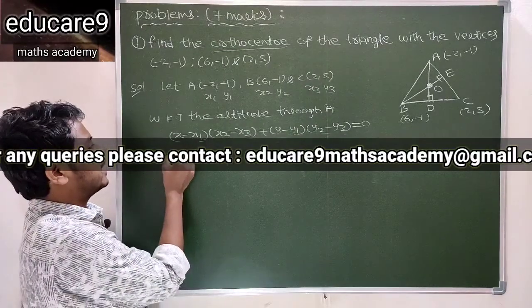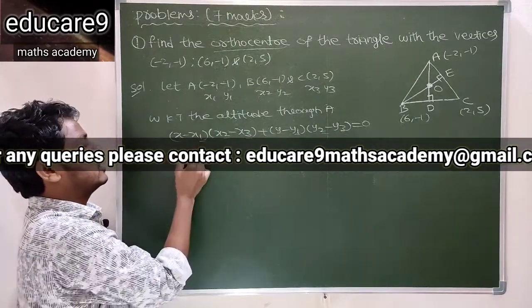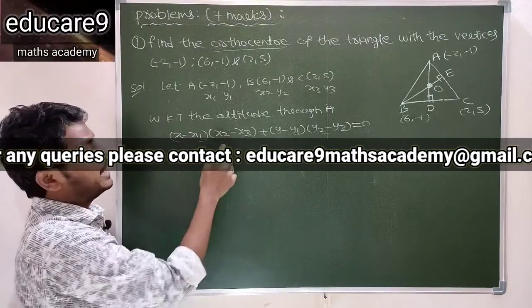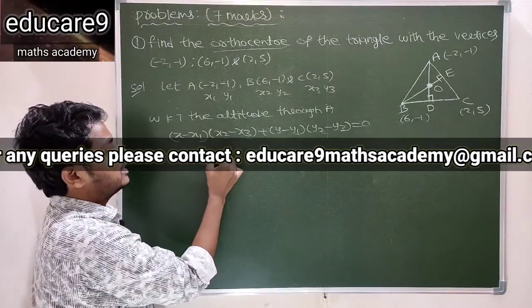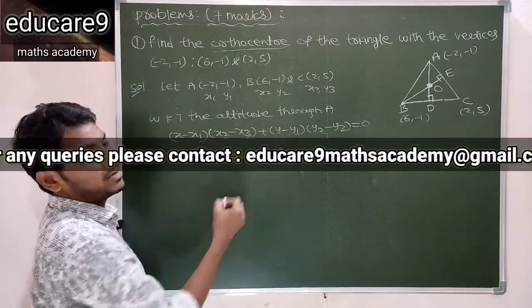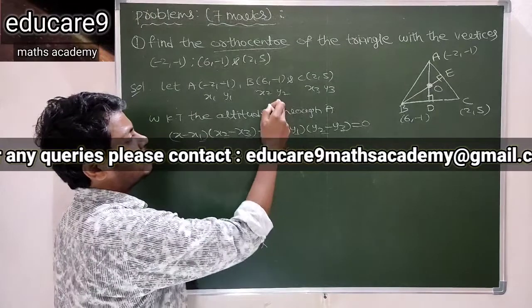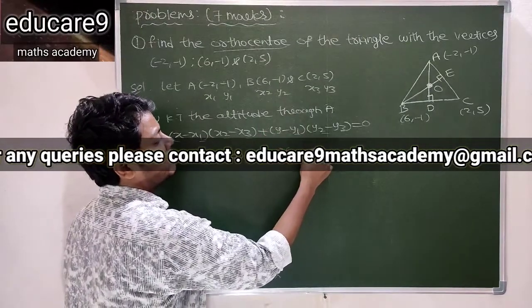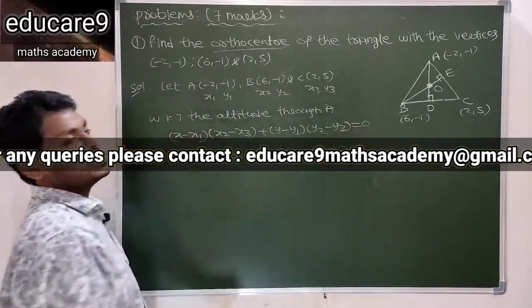So see what you get: x minus x1, that is x plus 2, and x2 minus x3, that is 6 minus 2, plus y minus y1, that is y plus 1, and y2 minus y3, that is minus 1 minus 5, equals 0.